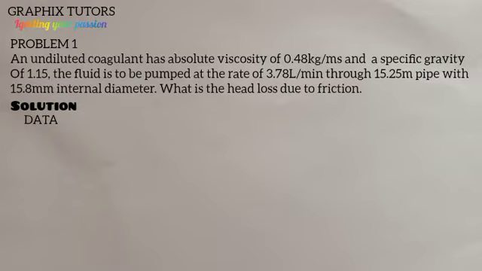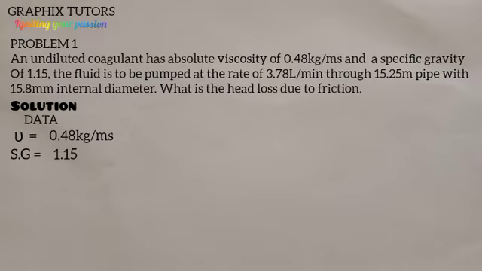The first one is the absolute viscosity, given by this symbol, which equals 0.48 kilogram per meter second. The next one says the specific gravity is 1.15. So we say S.G. equals 1.15.